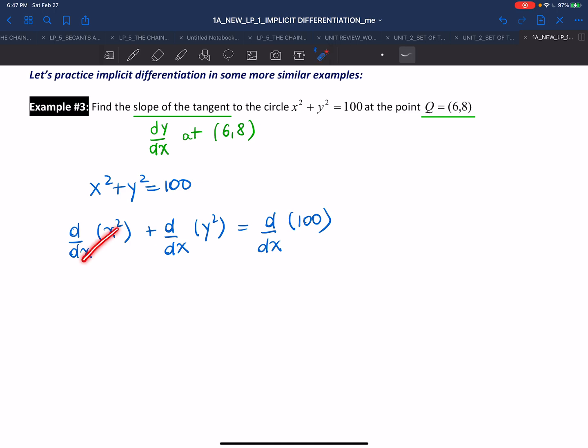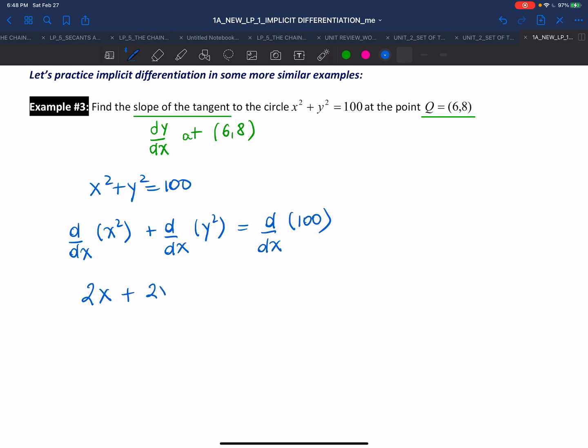This is an explicit differentiation because the variable of the term matches the variable in the derivative. So that's 2x plus. This is implicit differentiation. So the variable of the term does not match the variable in the derivative, but we imply that somehow this is some function that depends on x again.